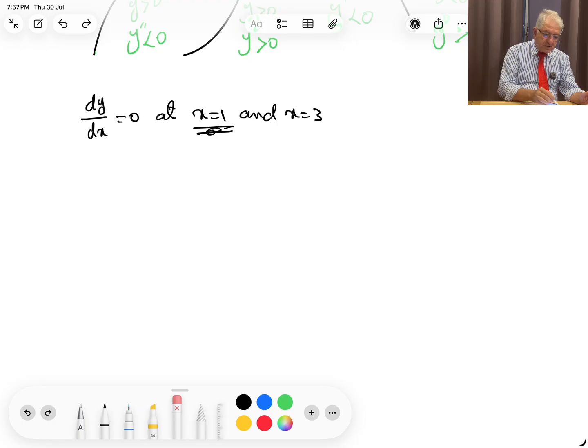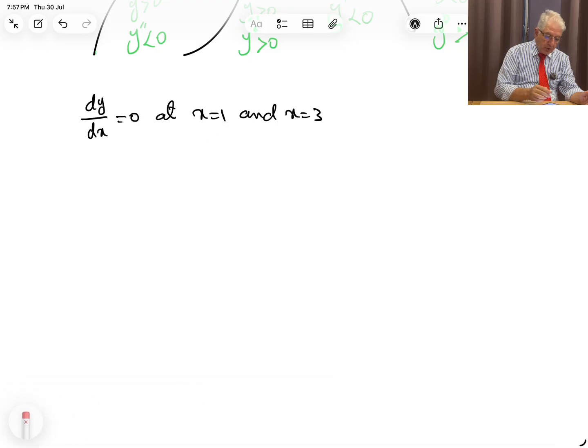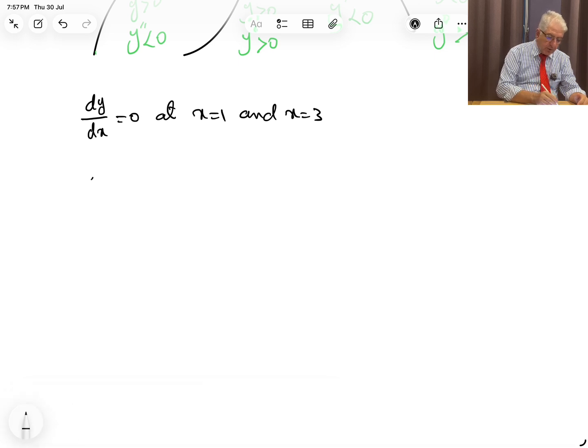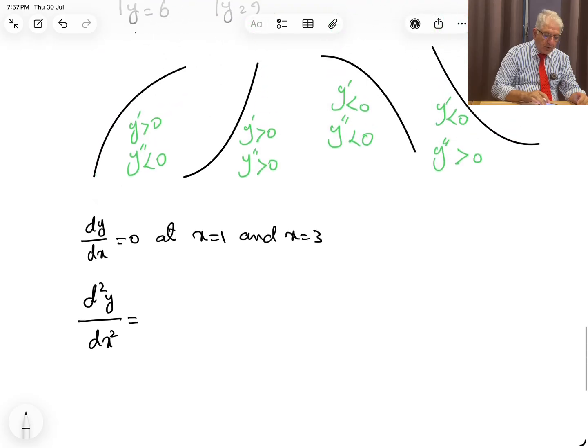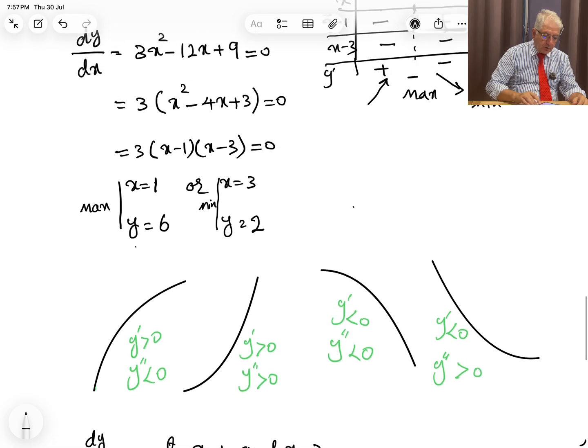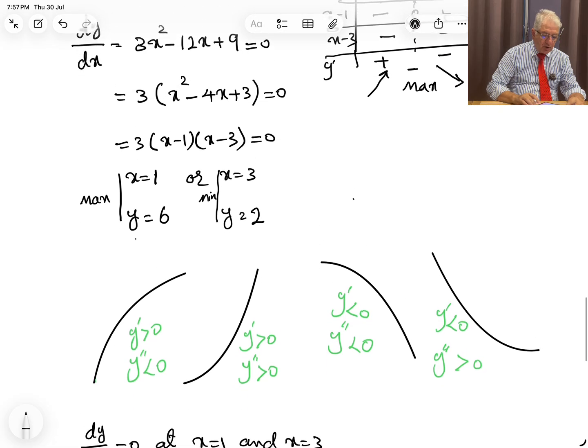Okay, let us see what we can do. We are going to find the second derivative of this function. The second derivative is denoted by d square y divided by dx square, which will be equal to, now I know that dy by dx is 3x squared minus 12x plus 9.